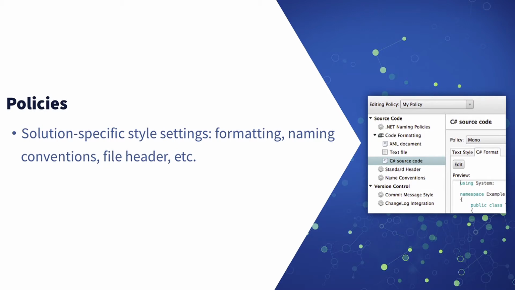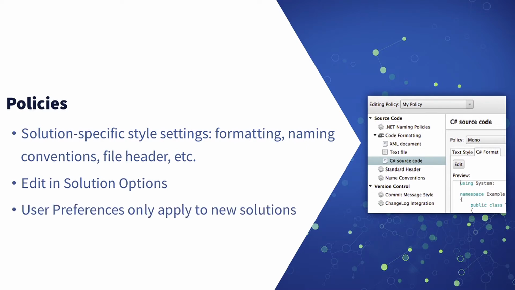Now, that means that if you go and change them in your preferences, they don't change your existing solutions. So you need to be aware that if you have an existing solution and you want to change the code formatting, you need to go and change that in the solution options. And if you change things in the user preferences, those only apply to new solutions that you create.